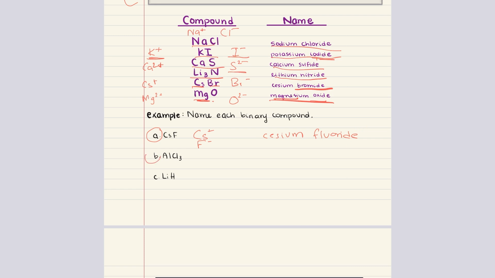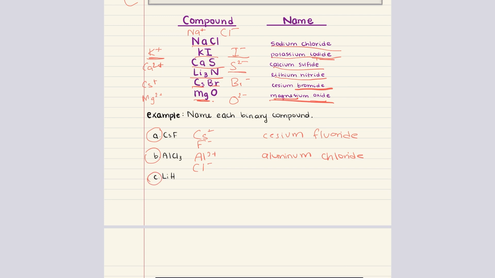We want to repeat this process for the ionic compound in part B. Our cation is Al3+, so aluminum is the first part of the name, and the anion is Cl-. Cl is chlorine. We're going to replace the ending with -ide, so it is chloride. The name of this ionic compound in full is aluminum chloride.